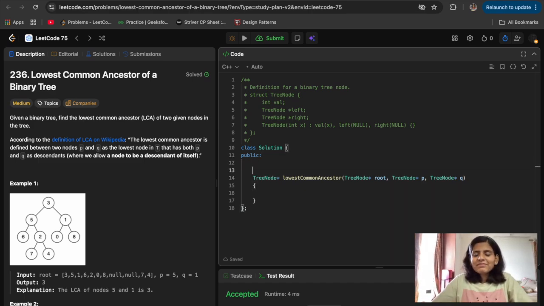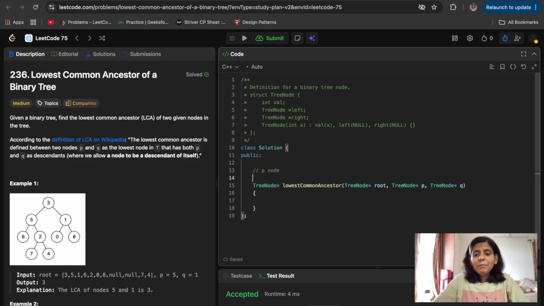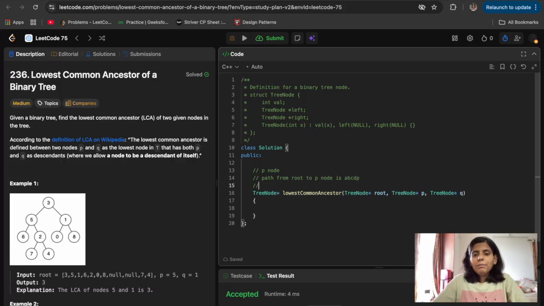Let's take that the path from the root to P is A, B, C, D, P, and the path from the root to Q is A, B, C, E, Q. Here A, B, C, D and so on are nodes. We arrange the nodes like this for P and like this for Q, and we check: A, okay, it is common.